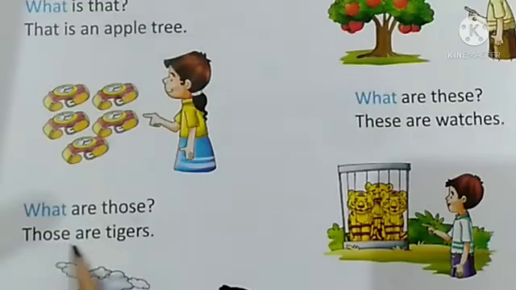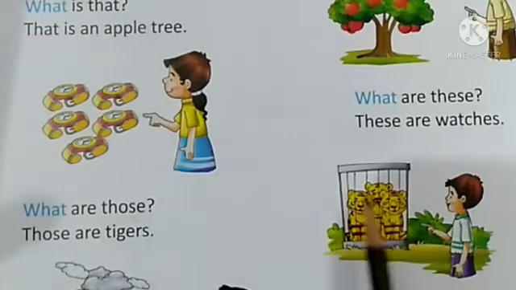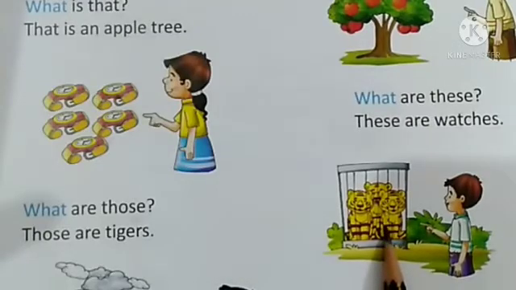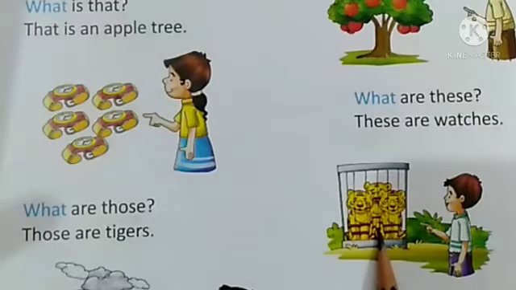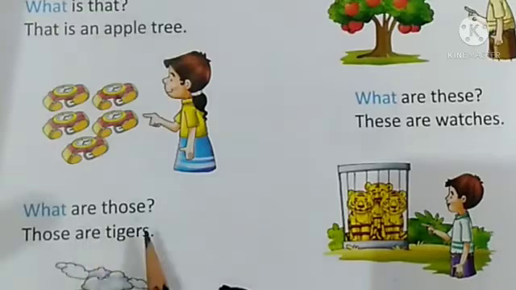Those are tigers. This boy is asking, what are those? Those are tigers. Which is our national animal? Tiger is our national animal. Okay, what are those? Those are tigers.